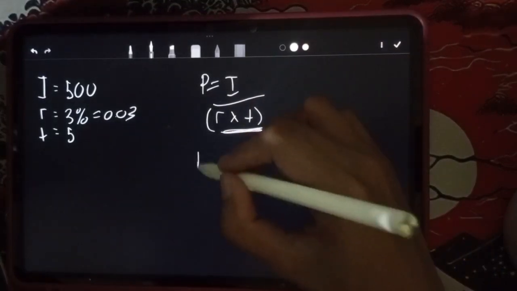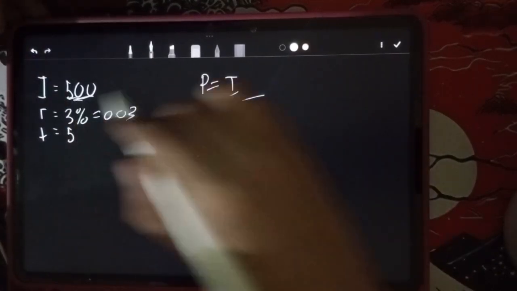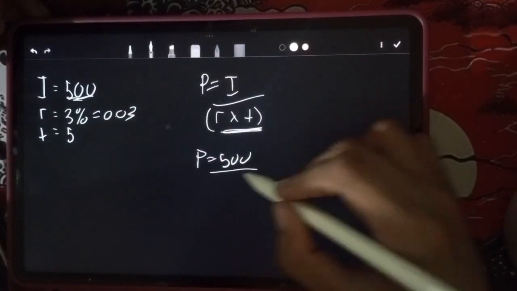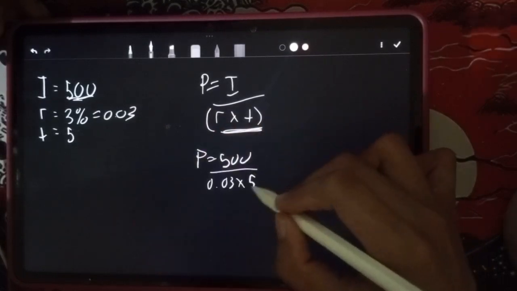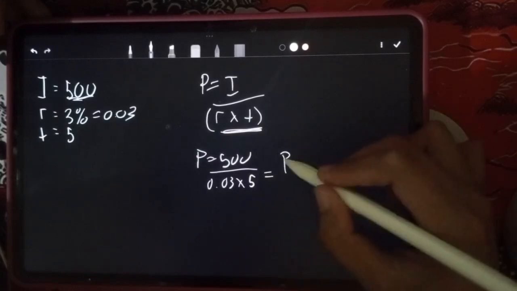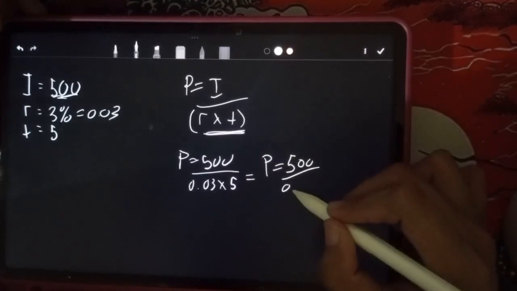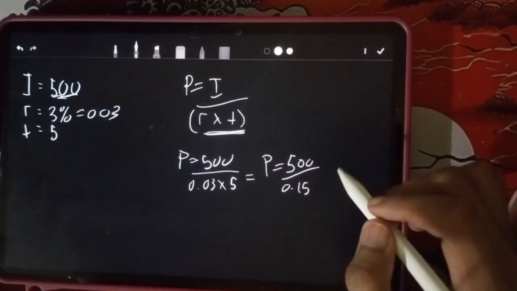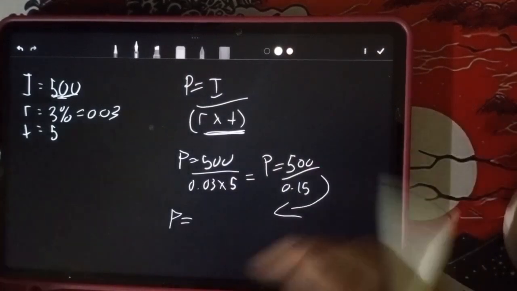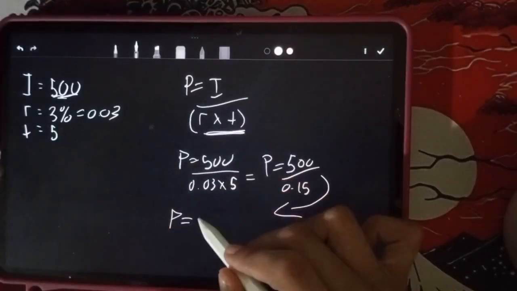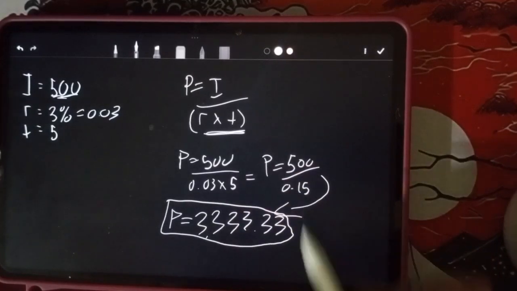So P is equal to 500 divided by 0.03 times 5, so P is equal to 500 over 0.15. Let's do the math. 500 divided by 0.15, and this is our answer: 3,333.33.